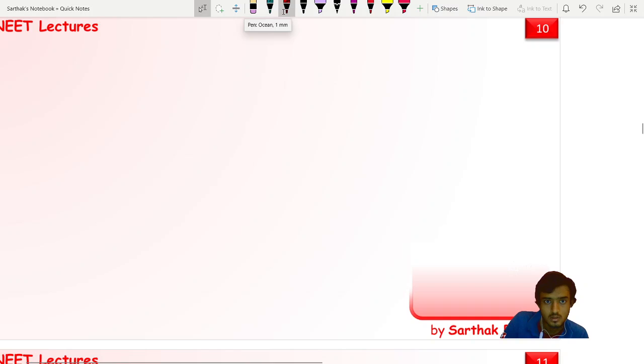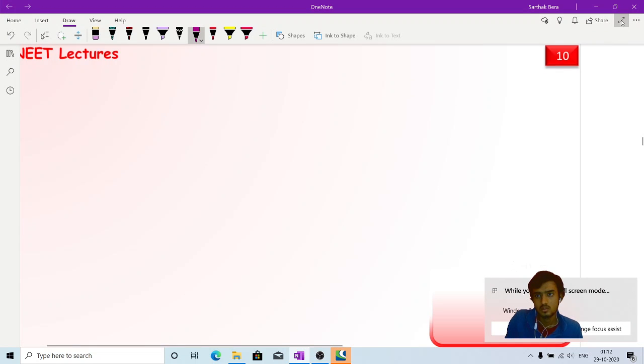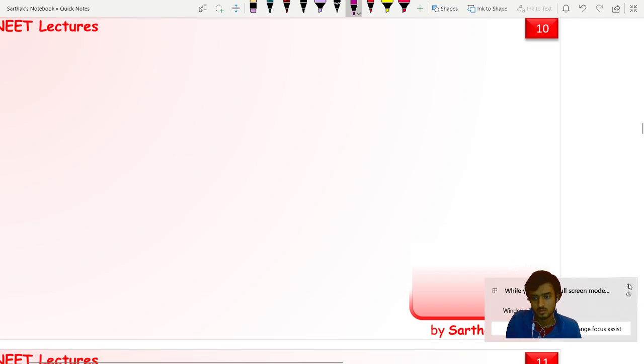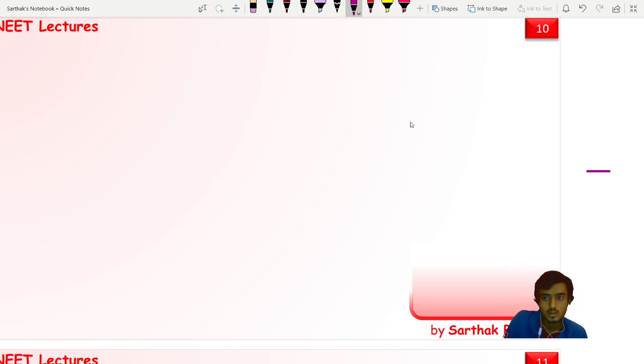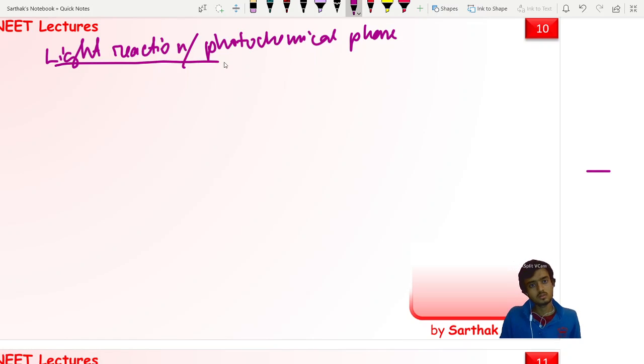In this slide we'll be looking at the light reaction, or it is also known as the photochemical phase in photosynthesis.